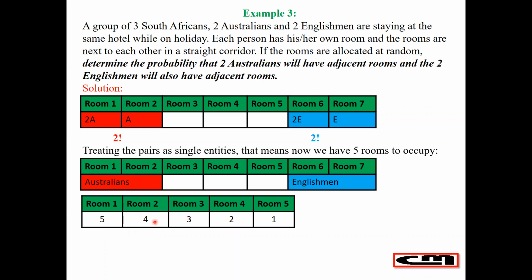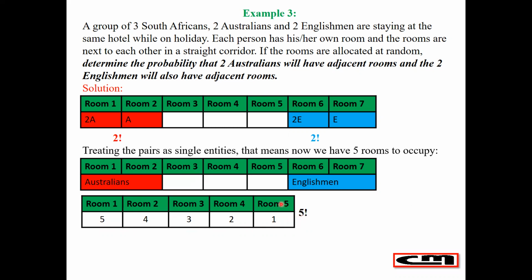Room 3, once this is filled, any of the 3. Room 4, any of the 2. The last one, the last person. So these are different choices for each room. Together, in how many ways can it happen? Applying the fundamental counting principle, it's 5 times 4 times 3 times 2 times 1, which is simply 5 factorial, right?